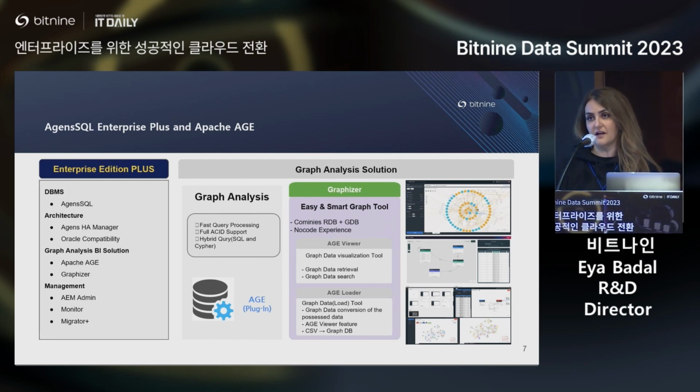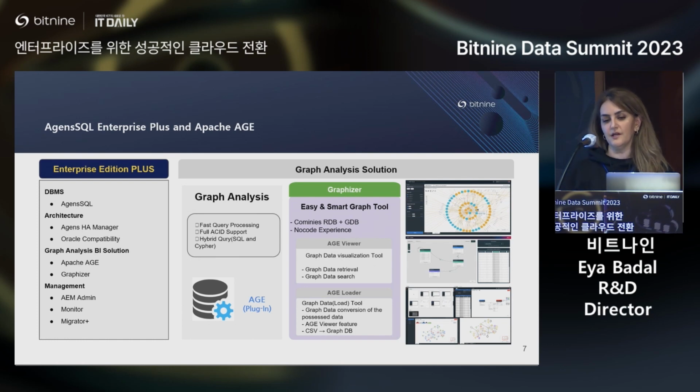When it comes to the graph analysis and BI solutions, this solution is powered by AGE and Graphizer. And when it comes to the management tool, we provide comprehensive management capability through AEM Admin, Monitor, and the Migrator Plus feature.